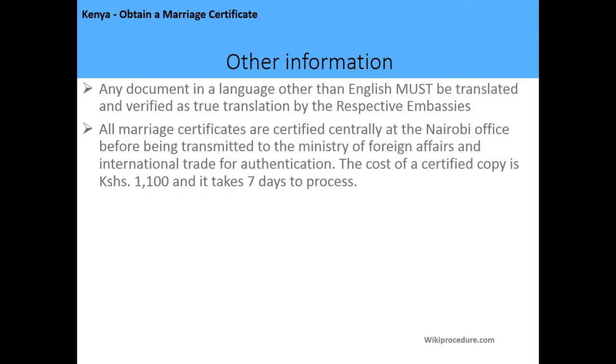Other information is that in case you have a document which is in another language, you must take it to the respective embassy and have that document translated to English. And a certified copy of the marriage certificate is charged. You have to pay 1,100 shillings to get a certified copy, and it takes 7 days to process.